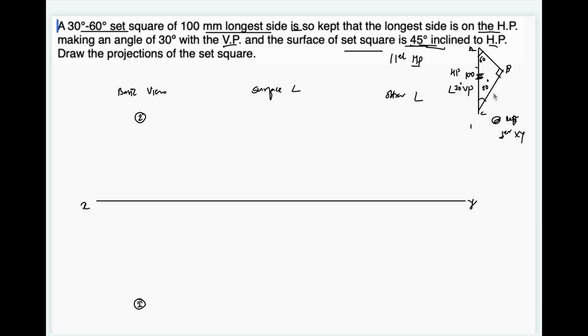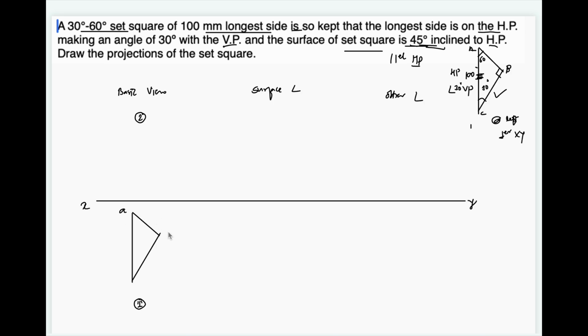So the set square or triangle we have drawn over here, exactly similar triangle is to be drawn in top view.